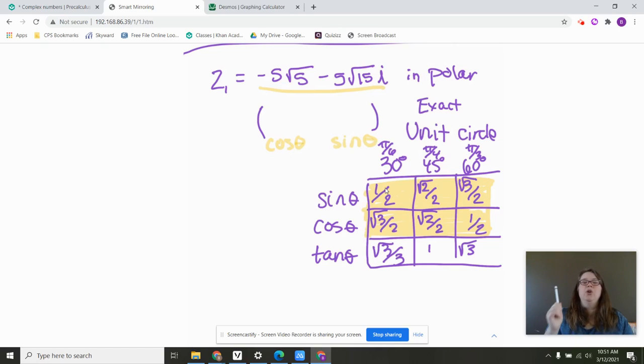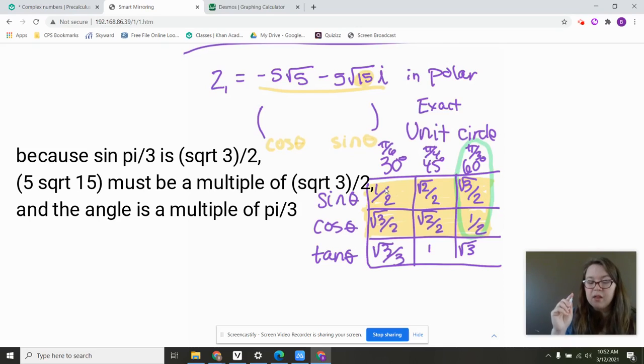Okay. So what could you multiply by or factor out? It looks to me like this is 15, which is the same thing as 5 times 3. I can see that that's a multiple of 3 right here, so it's going to be the square root of 3 over 2. So there are 2 things I want to do.